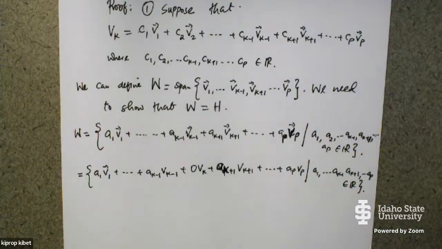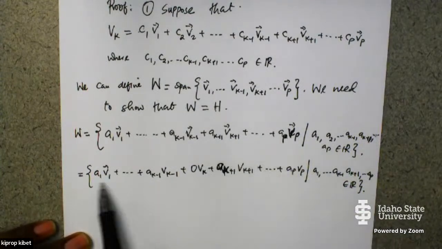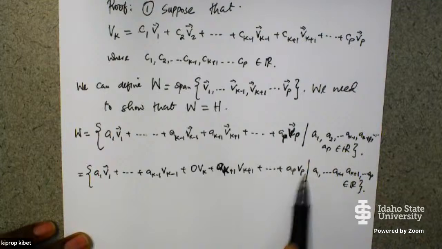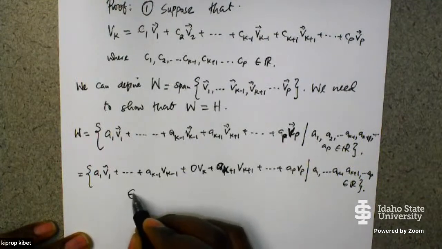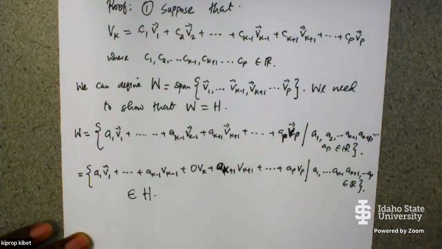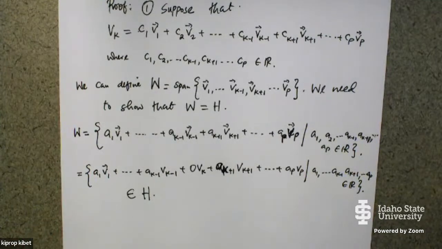So this can also be written where the VK is actually 0 in that case. So if we have written like that, then this is in H, because we say our H is the span of this.